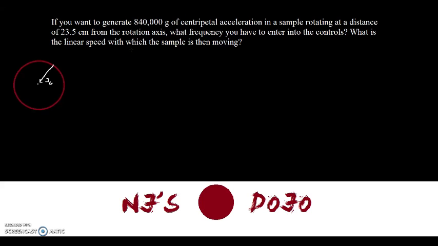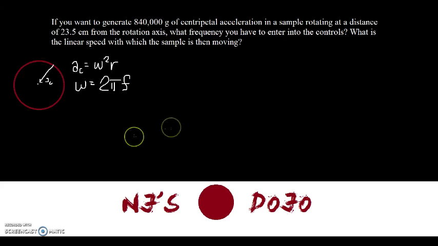Now, as we try to assess the problem, we should understand that centripetal acceleration is given by the equation a_c is equal to angular velocity squared times radius. And again, as I mentioned, we can relate angular velocity with frequency because angular velocity is simply equal to 2 pi f, which was present in a previous video.